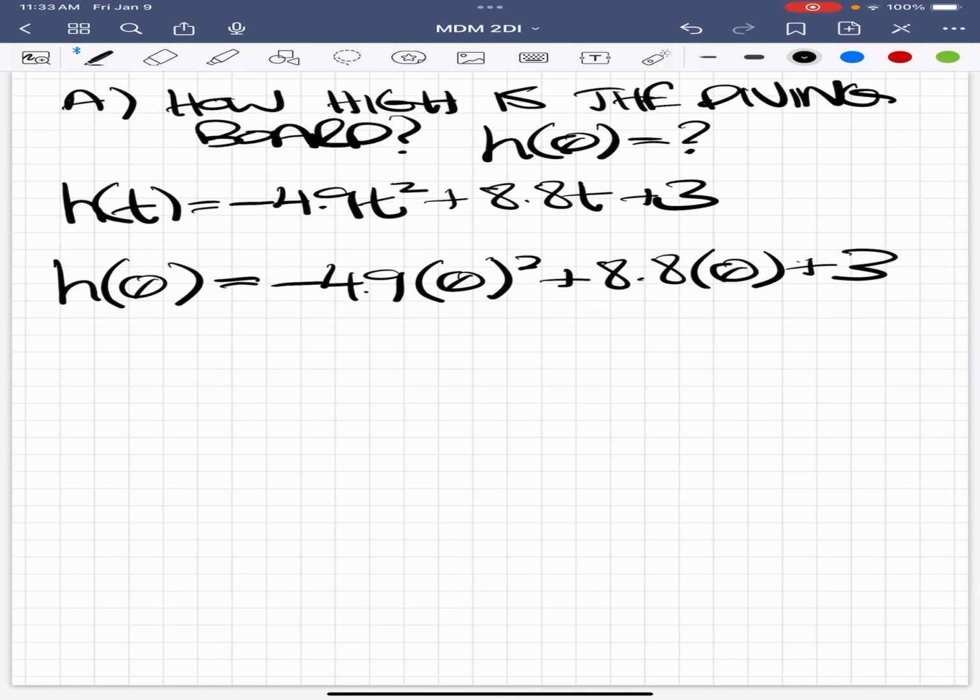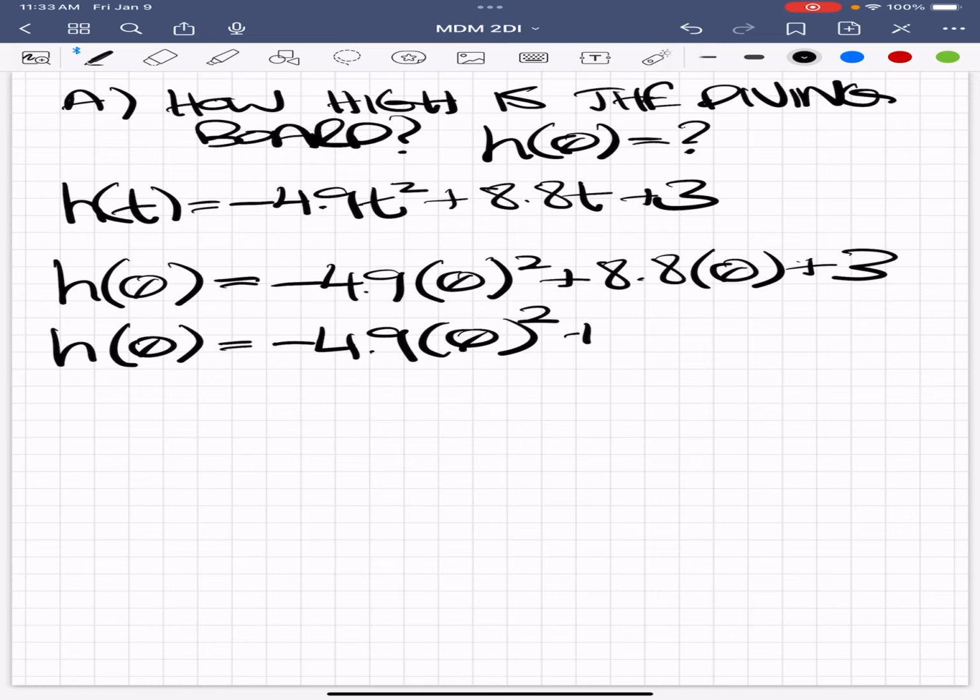And then we have negative 4.9 to the power of 2 plus 8.8 multiplied by 0 plus 3. And then we cross out these two terms because multiplication by 0 is 0, so those terms cancel out.